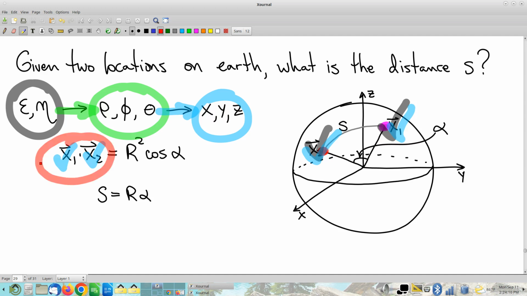Dot products are really easy formulas in rectangular coordinates. Not in spherical coordinates, not in cylindrical coordinates, but in rectangular coordinates, super easy to compute the dot product. That means that you can compute this, because that's what the dot product is, which means that you can infer this angle, alpha, and if you think about it, some easy geometry tells you that the distance you're looking for is just the radius times that angle that you just computed.